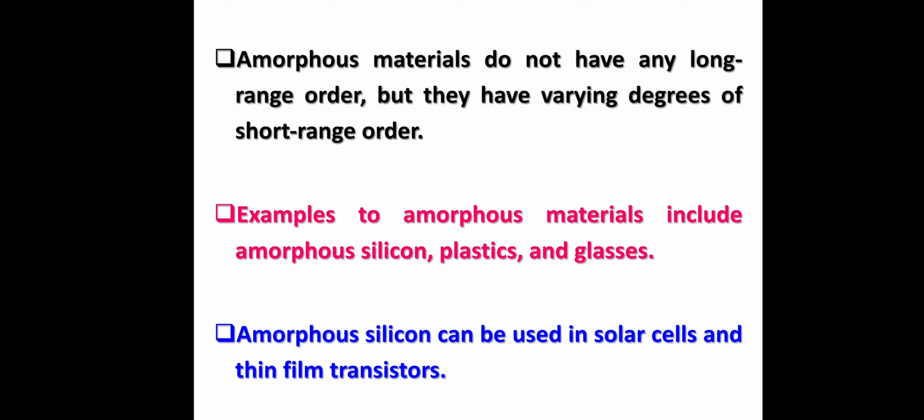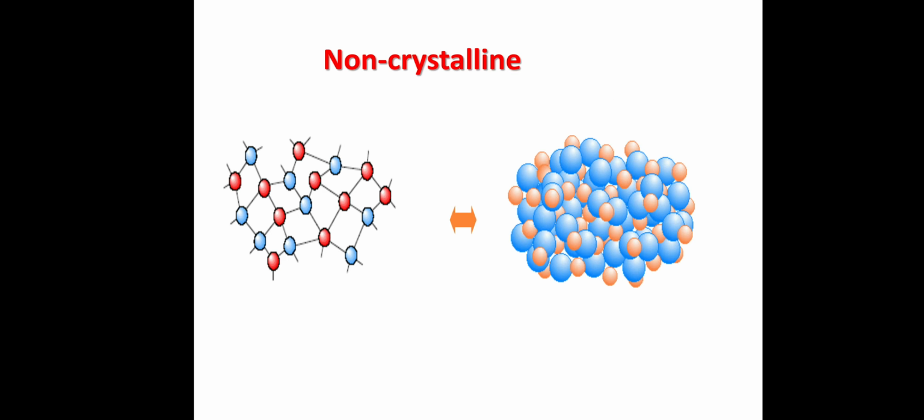The examples of amorphous materials include amorphous silicon, plastics and glasses. Amorphous silicon, of course, we are using popularly in solar cells and thin film transistors. So that is how the non-crystalline solid looks, with randomly oriented locations of the points where the atoms or molecules are hanged.